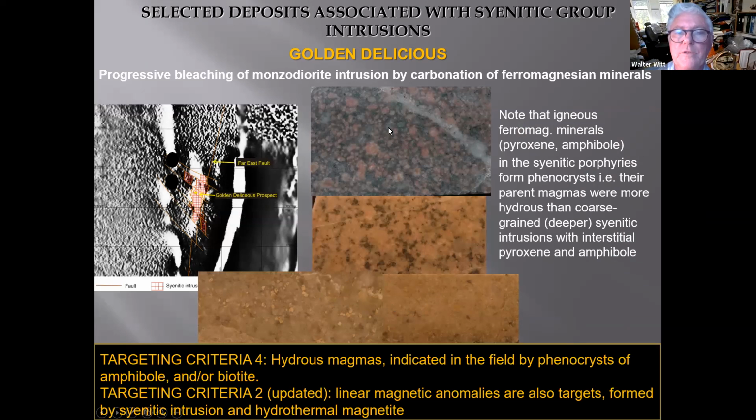And importantly, we note that the ferromagnesian minerals, the amphiboles in the monzodiorite porphyry, are forming phenocrysts, indicating relatively early crystallization and a hydrous magma. And that would be our targeting criteria number 4, hydrous magmas indicated in the field by phenocrysts of amphibole and/or biotite.